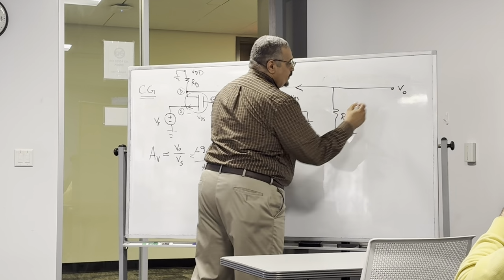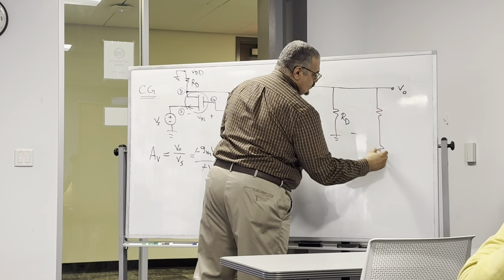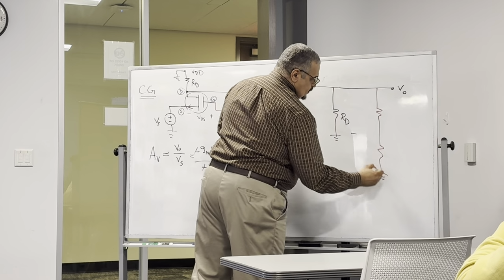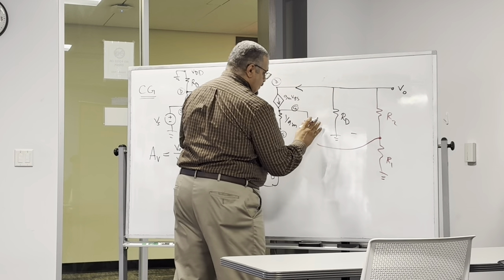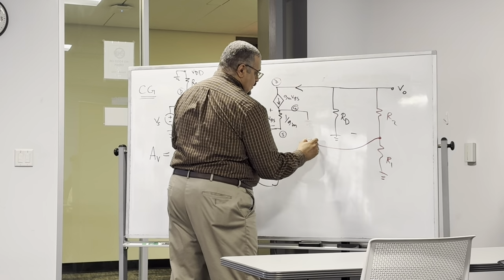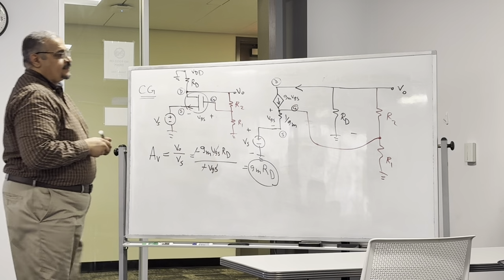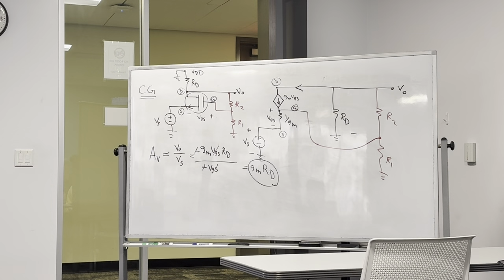We're going to have R2, R1, and then we do this. Now the analysis is going to be complicated, right? It's not easy to analyze this circuit, so it's always good to have some assumptions.